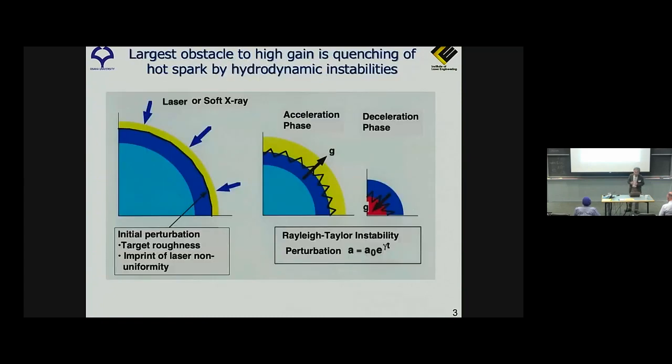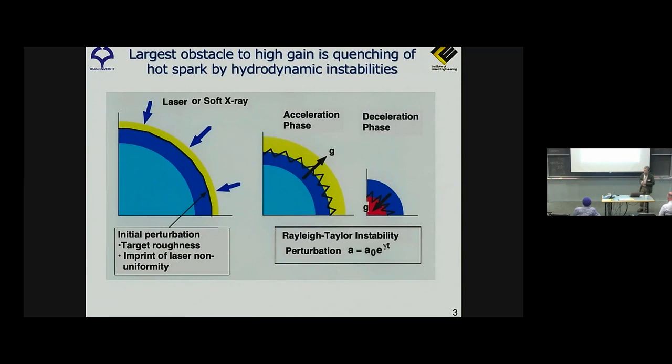The largest obstacle to high gain is quenching of the hot spark by hydrodynamic instabilities. The initial seed is simply target surface roughness plus a seeding of non-uniformity due to the laser irradiation non-uniformity.